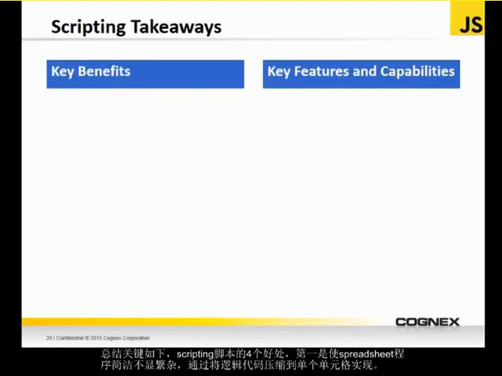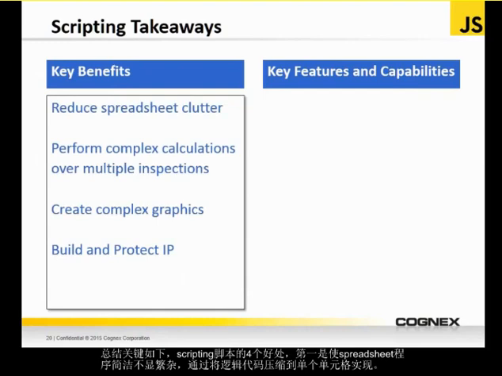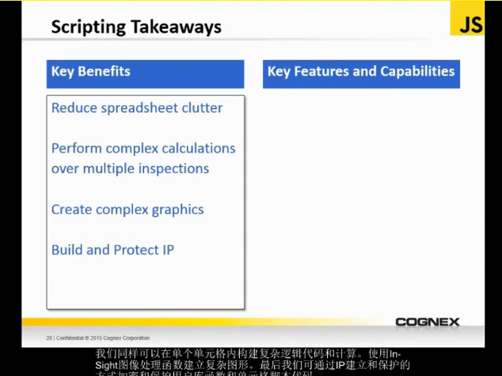So in summary, what are the key takeaways? We looked at 4 scripting benefits. The first was reducing clutter in the spreadsheet, basically by compacting the logic into a single cell. We looked at setting up complex logic and calculations, again inside a single cell, creating complex graphics using the Insight image graphics functions.